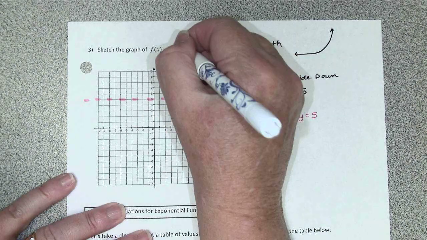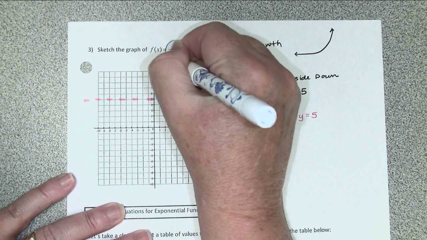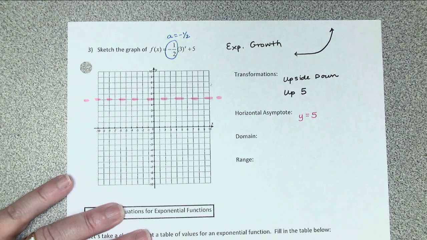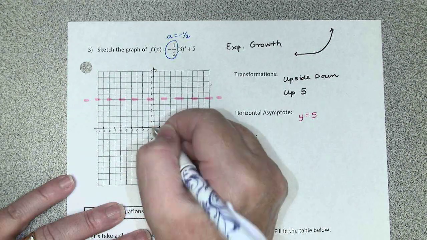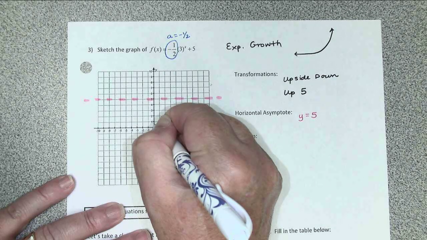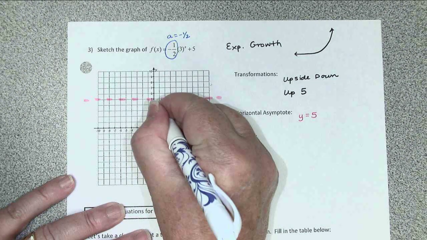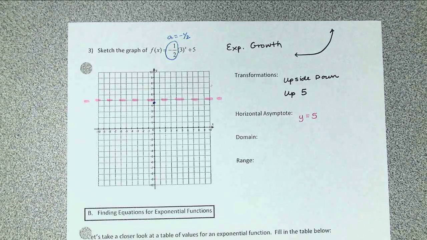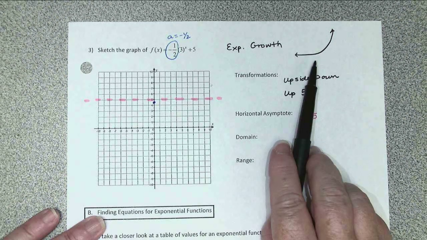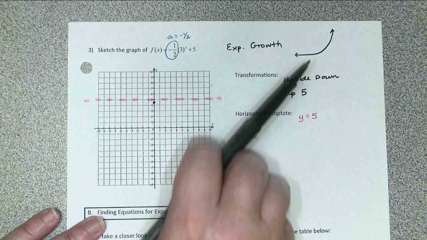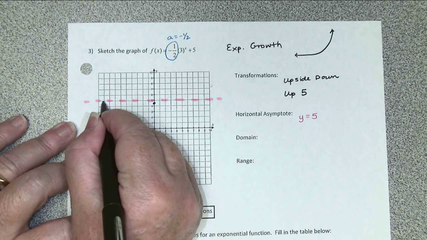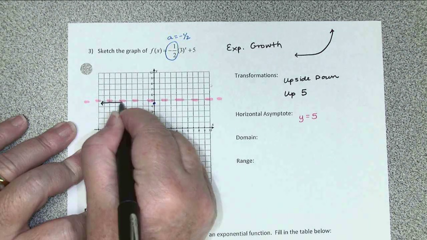The original a value was negative 1/2. But I have to move that up 5 as well. So from negative 1/2, I'm going to go up 1, 2, 3, 4, 5 to right there. Now imagine this exponential growth function tipped upside down. And we can see that I'm going to approach the horizontal asymptote over here.